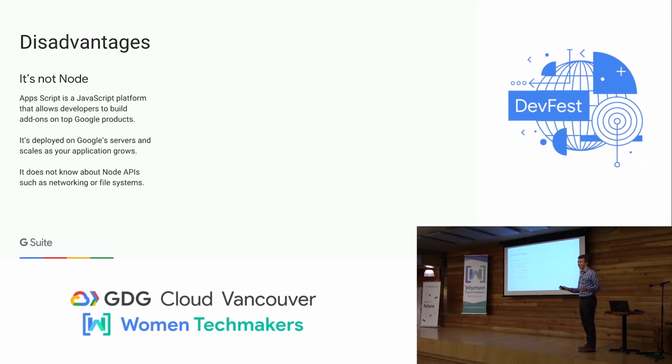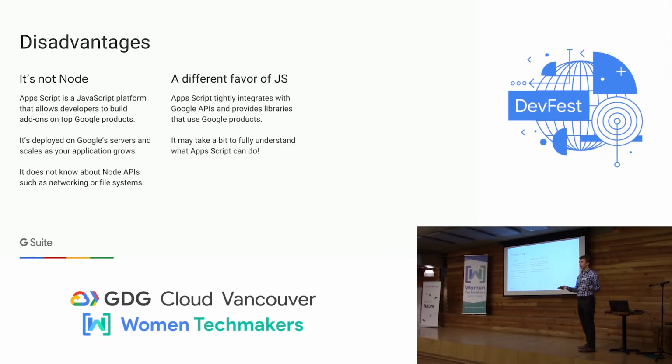And some of the disadvantages. So why might you want to use Node or Python or something? Well, it's not Node, so there are some limitations in the flexibility of being a serverless platform. You're not able to use, for example, the file system like Node can, and you cannot use existing Node APIs.